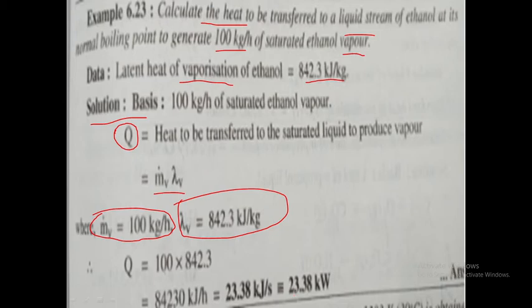Substitute these values to find capital Q. Capital Q is equal to m dot v into lambda v. Finally we get 84,230 kilojoule per hour.